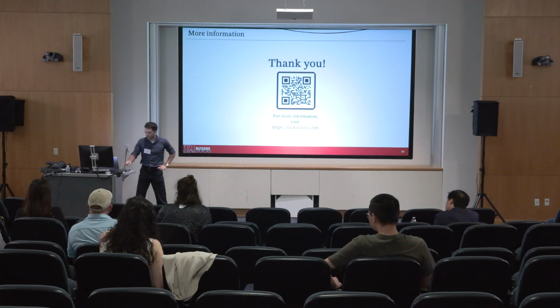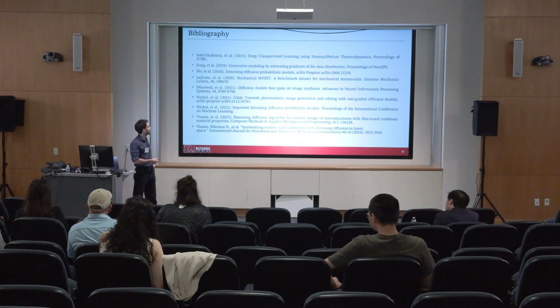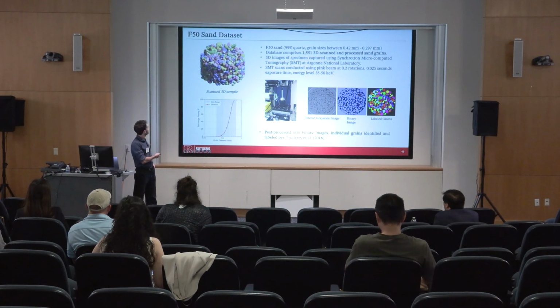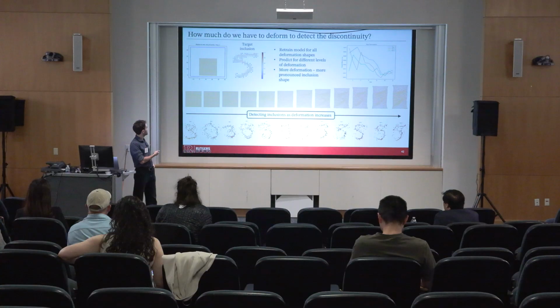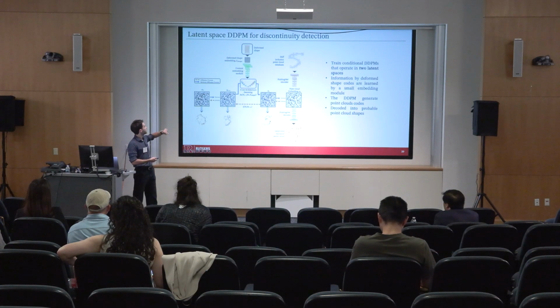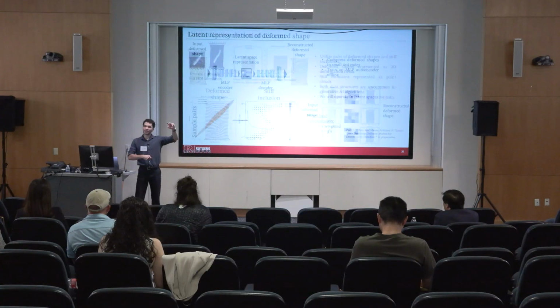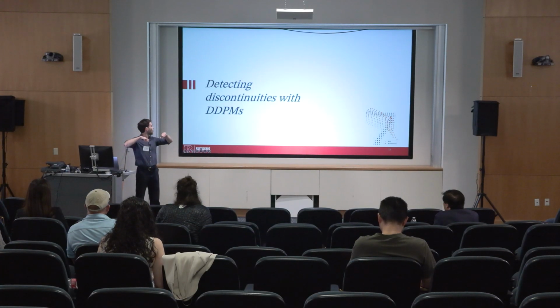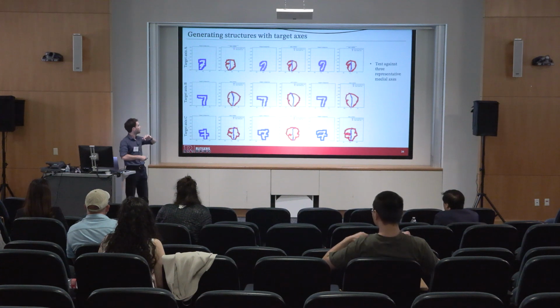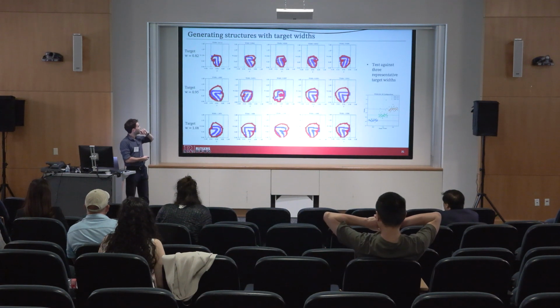So the UNet model expects, let me go back to one of the conditional ones, the UNet model expects an embedding of time. And the way we do the conditioning, we also literally add up another embedding.